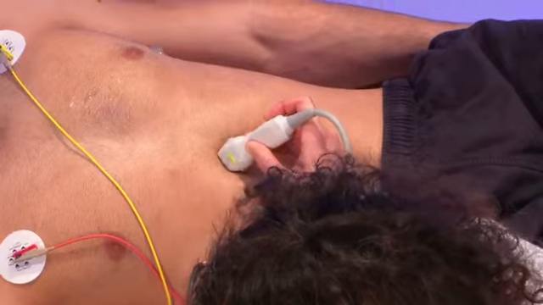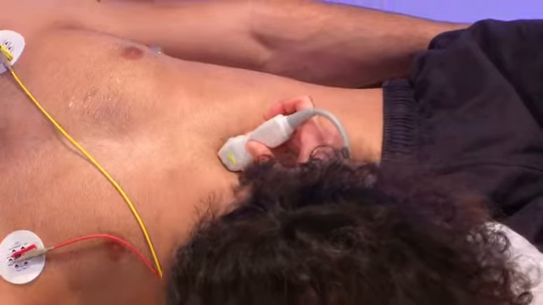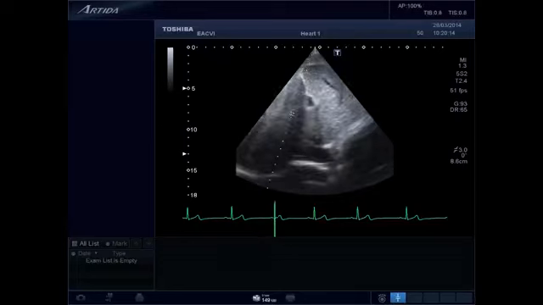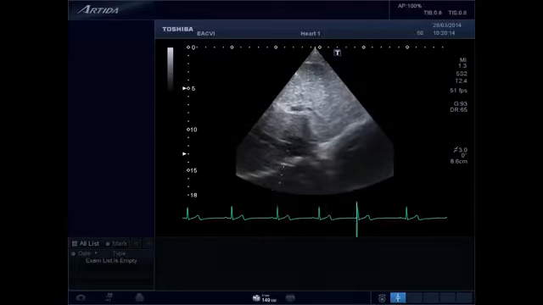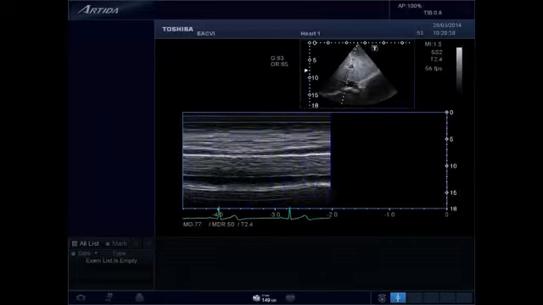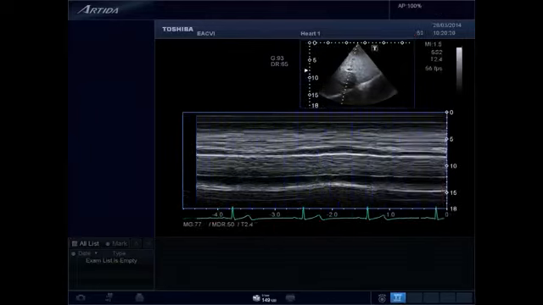I also have to be really perpendicular to the axis of the vein. So now I'm perpendicular and I will do the acquisition. And I will be able to measure the diameter at end expiration and inspiration.